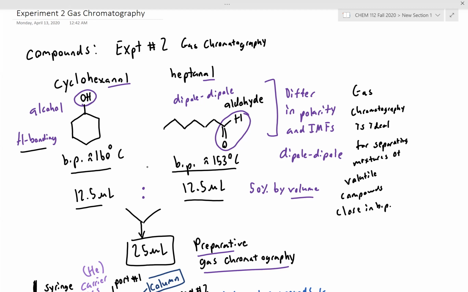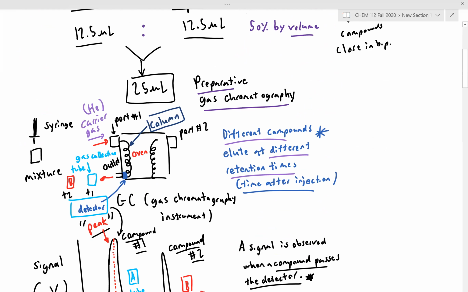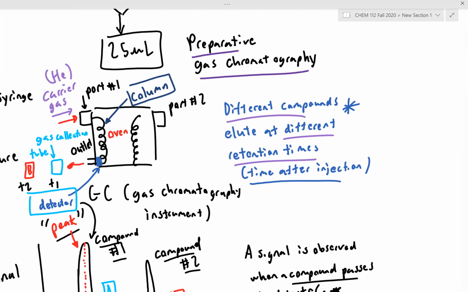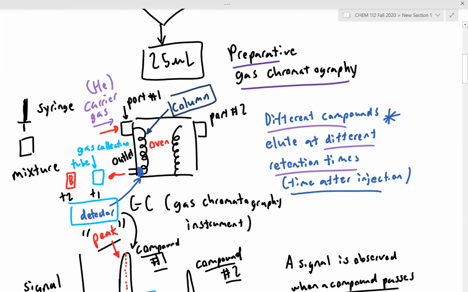So to talk a little bit about how preparative gas chromatography functions and what a gas chromatography instrument looks like. We have our mixture, and there's an injection port. We're going to take our mixture and inject it into our port where the sample is converted into a vapor.